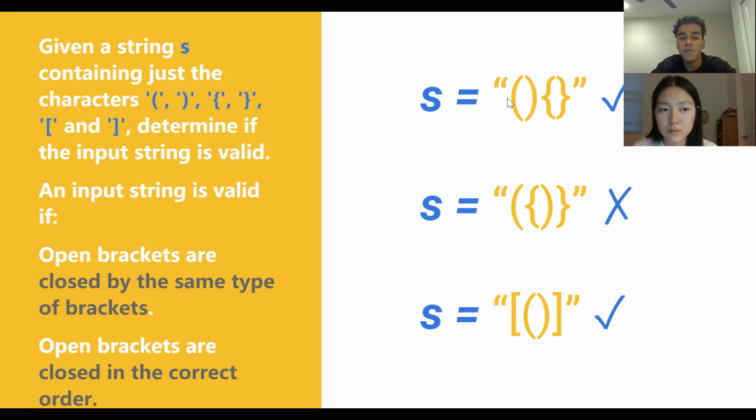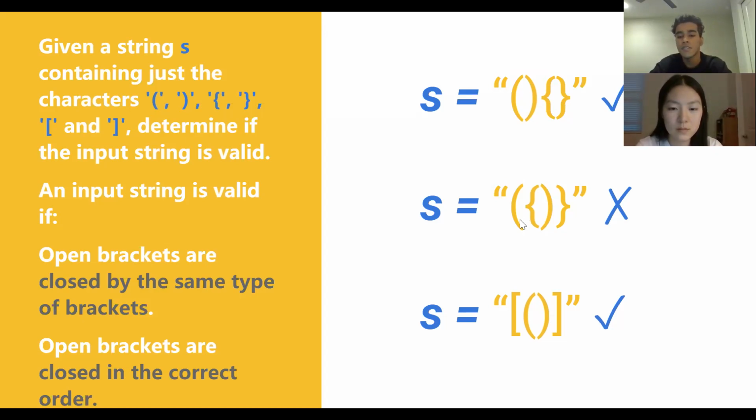So essentially, how we solve this problem using a stack is we're storing the reverse order. We see an opening parentheses, we add this into our stack. We see a closing parentheses, and we pop the last item inside of our stack and compare it with it. We move on and do this with the curly brace. That's why this is a valid string.